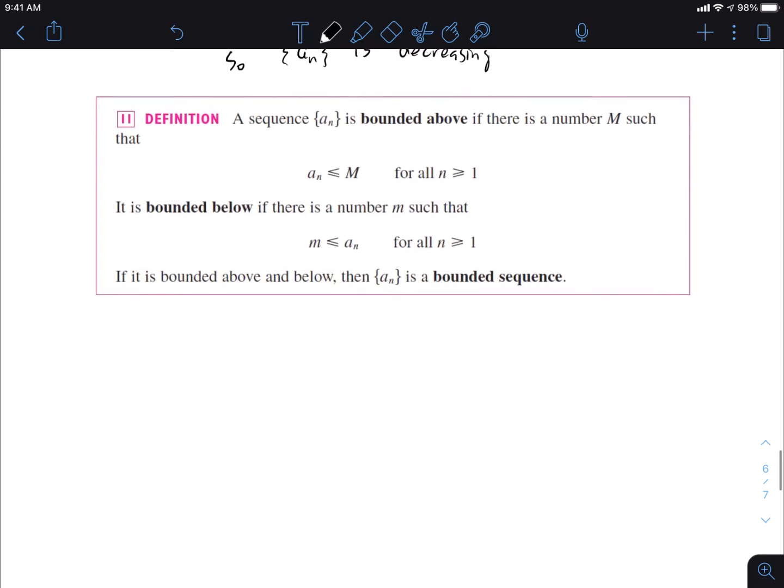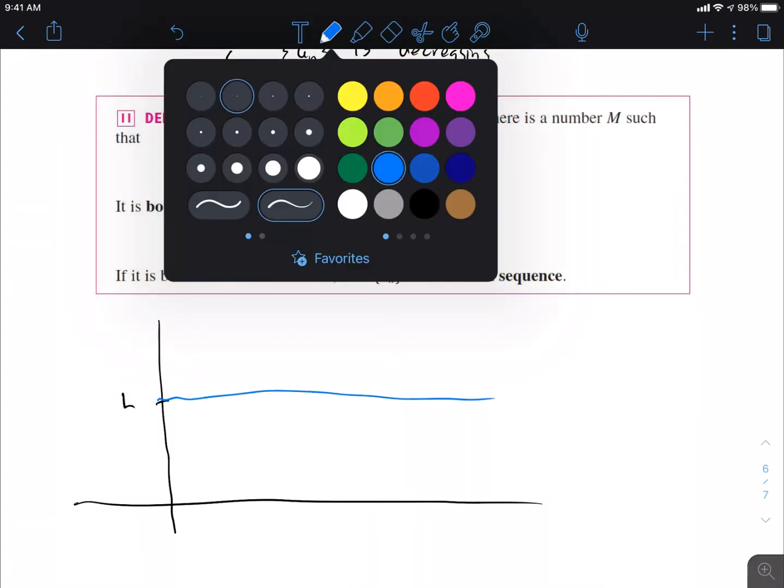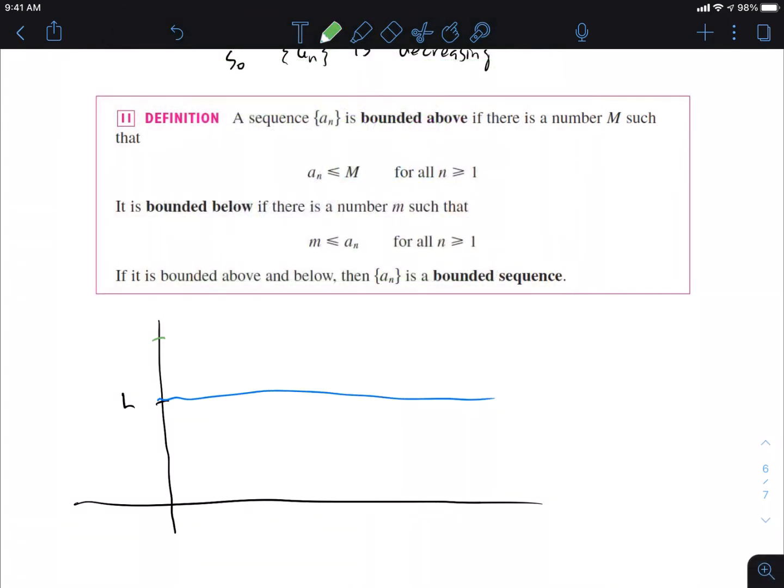Here's a definition for bounds, and all this is really saying is this sequence. Let me draw it in a picture so it's probably clearer and easier for you all to understand. So if this is my limit, and I have some value that's even larger up here, some M value, that's where it's bounded.